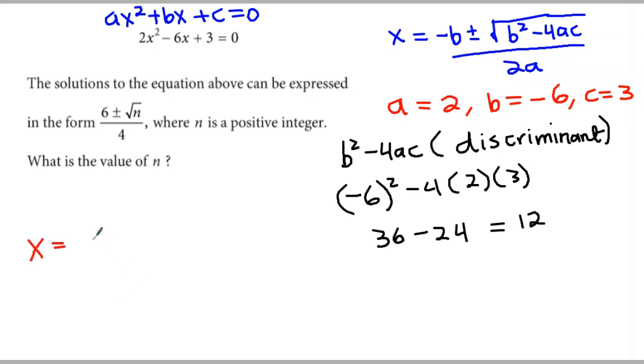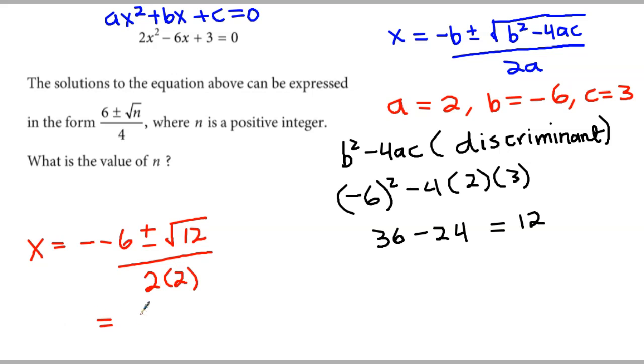So x equals negative b, which is minus because the formula already has a minus and this is negative, so that becomes positive 6, plus or minus the square root of 12, all divided by 2 times 2, which is 4.